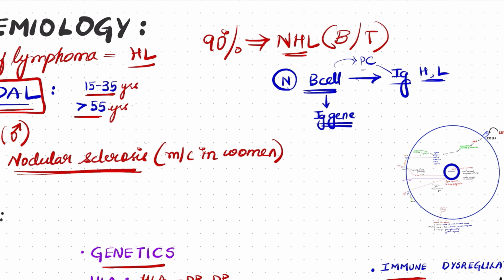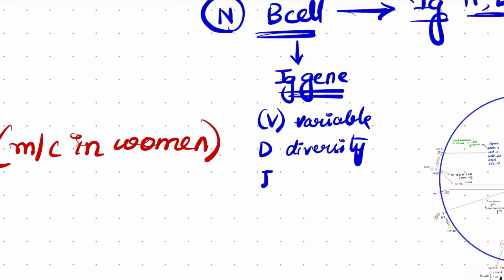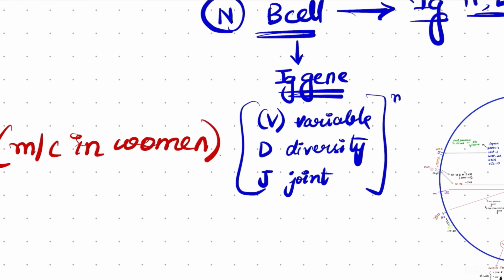This gene has various DNA segments: a V segment, that is the variable segment, a D segment called the diversity segment, and a J segment called the joining segment. These are the three segments present in a normal B cell.